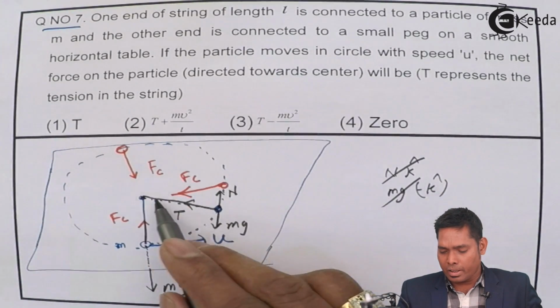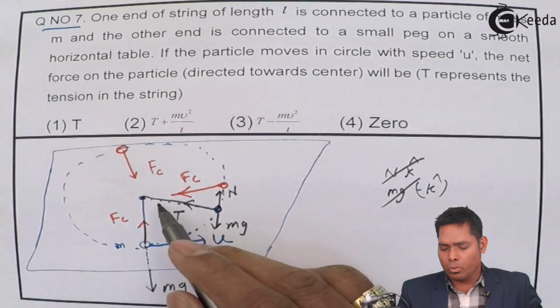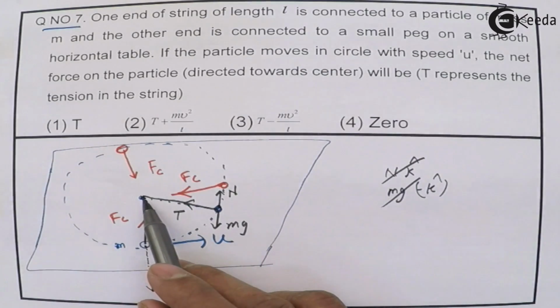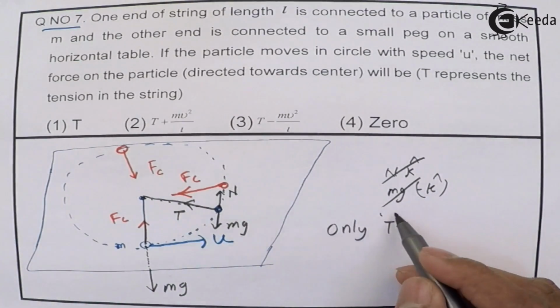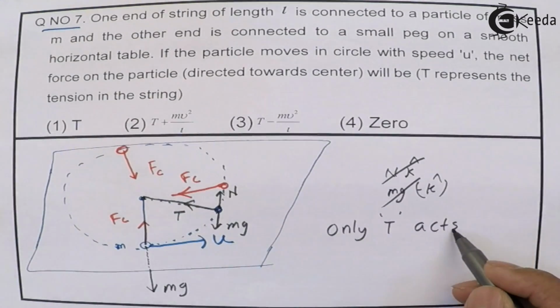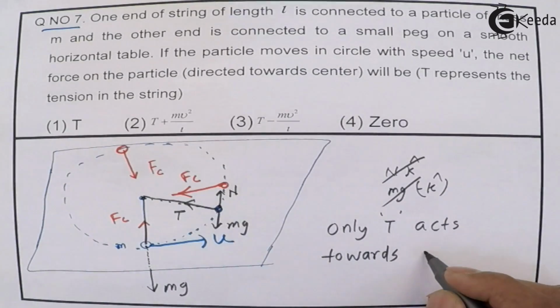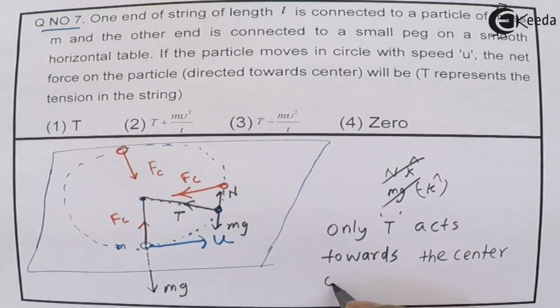Only one force acts toward the center. If you take the components of these two forces toward the center, there will be no component. So only tension acts towards the center of the circle.